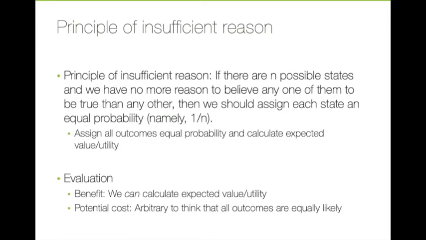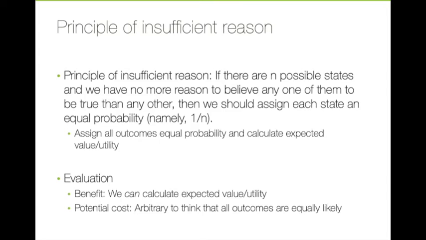With Maxi-Max and Maxi-Min, you might suspect that some outcomes are more likely than others, even if you don't have a clear sense of how to assign any probabilities to them. But for outcomes where you have no reason to think that any outcome is more likely than any other, you might use the principle of insufficient reason.